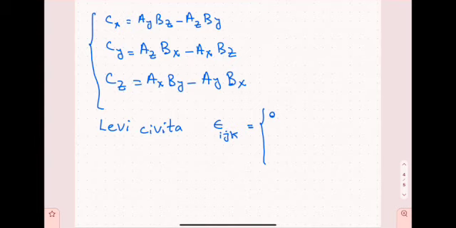Like, for example, if i or j equals k, or k equals i.